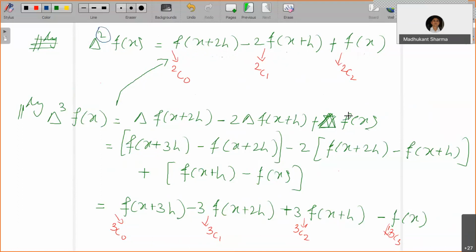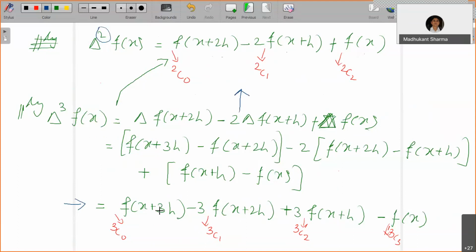Then if you apply the forward difference operator again on f(x), meaning three times, since this delta operator is linear, you apply it directly and use the linear property. If you open it up, this is the simplified form, which we discussed in the last lecture.